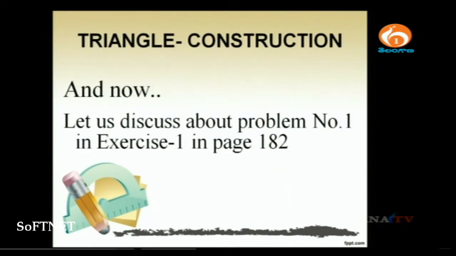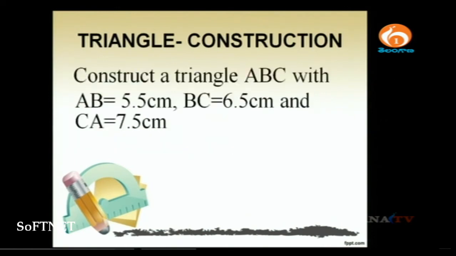And now let us discuss about problem number 1 in exercise 1 in page number 182. The problem is, construct a triangle ABC with AB is equal to 5.5 centimeters, BC is equal to 6.5 centimeters and CA is equal to 7.5 centimeters.